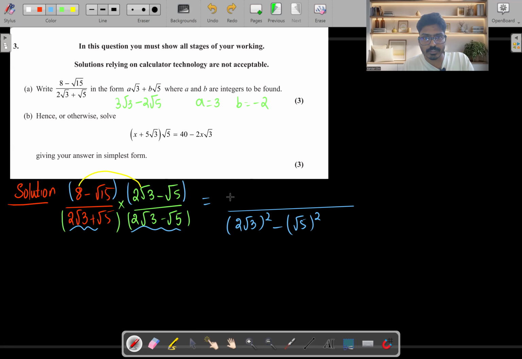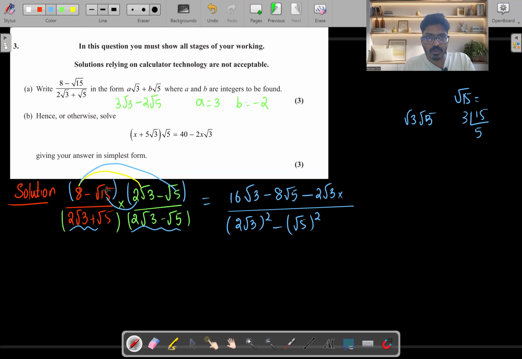8 times 2 root 3 is 16 root 3. Next we have minus 8 root 5, and then root 15 we can write as root 3 times root 5, since 3 times 5 is 15. So here I can write 2 root 3 multiplied with root 15.